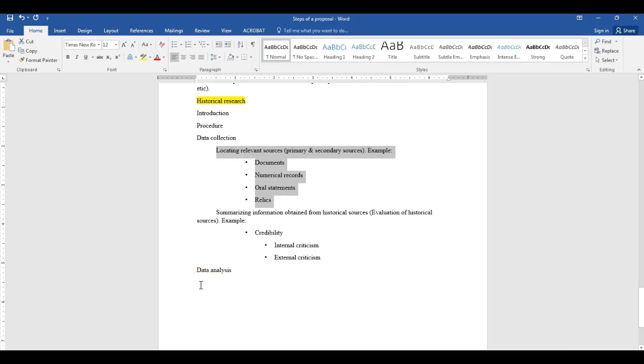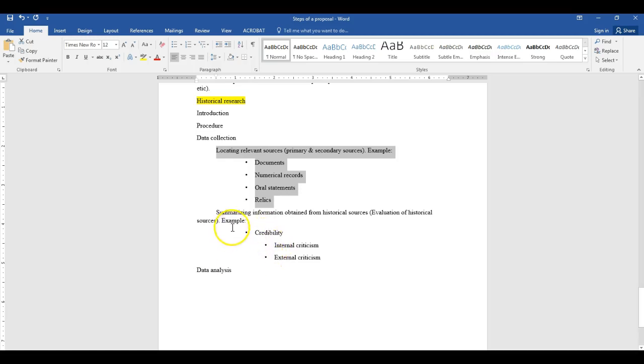If you're not familiar with it, please let me know, and you can just shoot me an email, tell me, okay, how can I find the OWL Purdue APA style website, and I can load this, add this to Blackboard, and then you can access it to make sure that you're following the headings and subheadings.